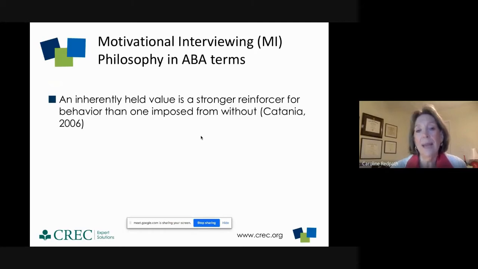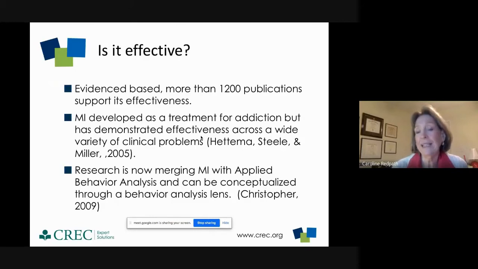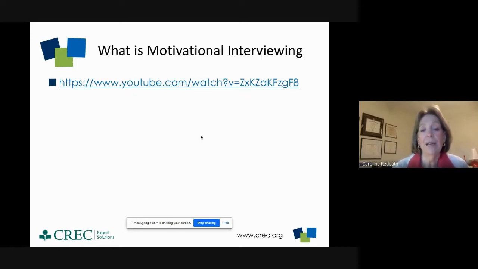From an ABA philosophy, we know that an inherently held value is a stronger reinforcer for behavior than one imposed from without, and that was Catania, 2006. Is it effective? More than 1,200 publications support the effectiveness of motivational interviewing. I mentioned it started in addiction science. Now we're looking at it from a behavior analytic lens.